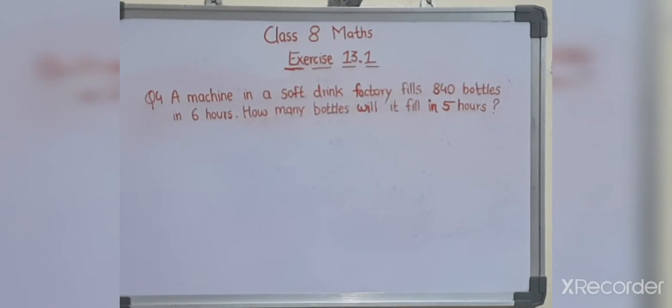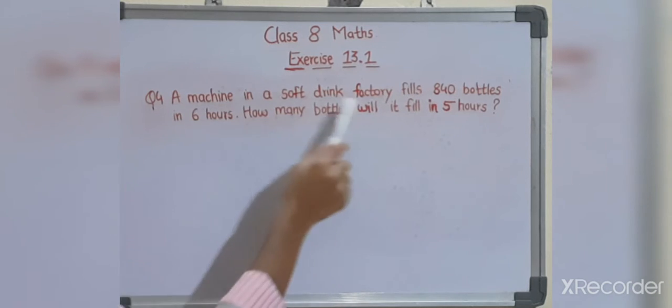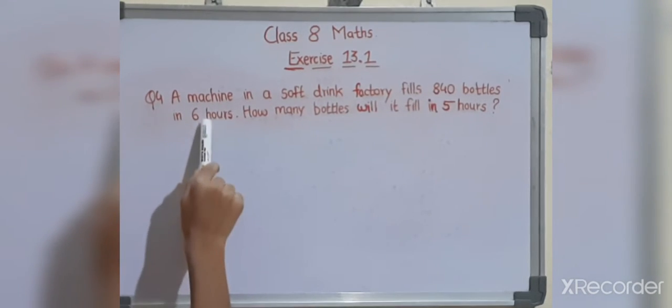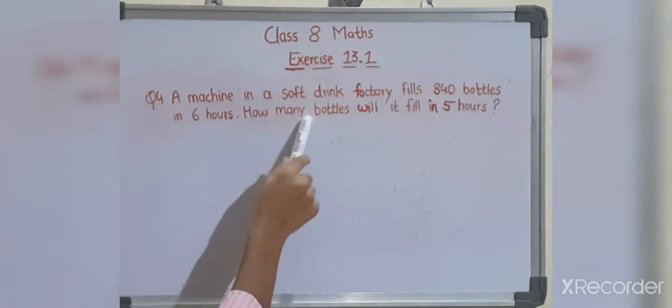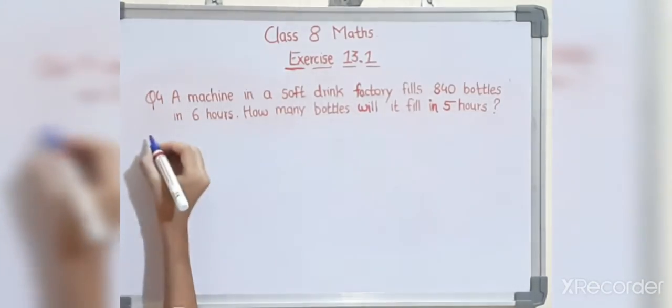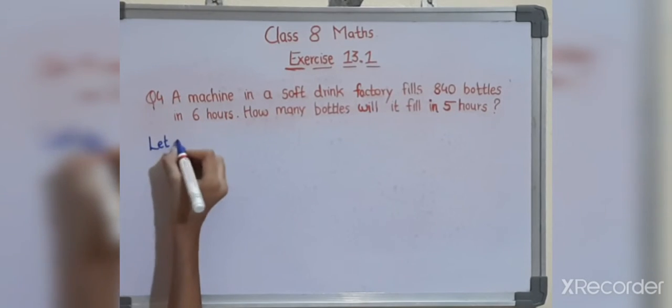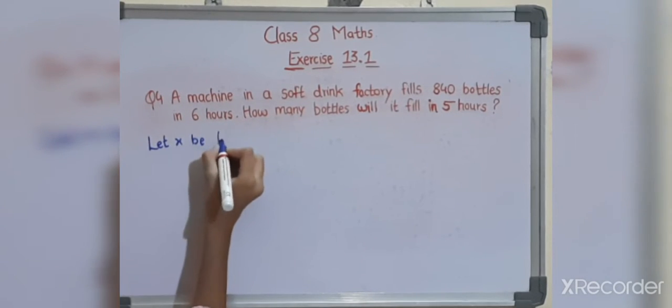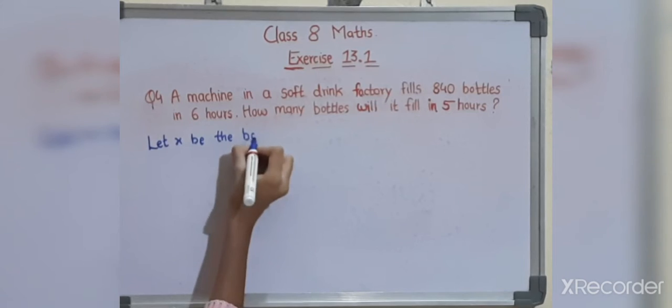In this question, it is given that a machine fills 840 bottles in 6 hours. So we need to find out how many bottles it will fill in 5 hours. So we will assume let X be the bottles filled in 5 hours.